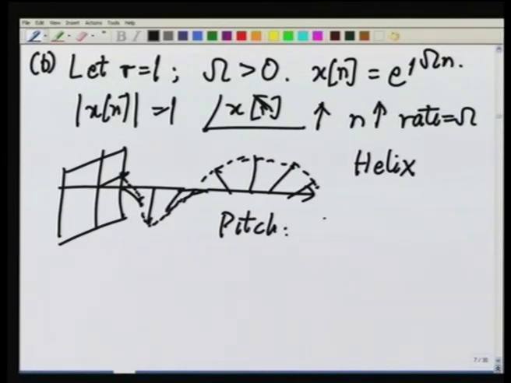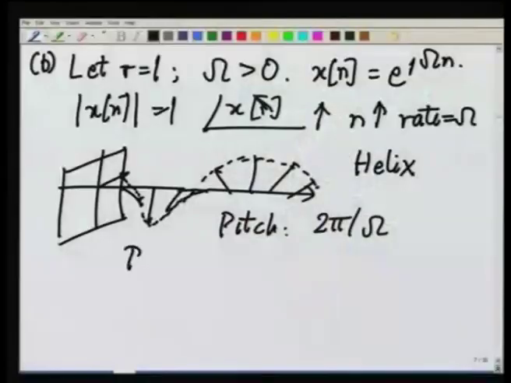The pitch is 2 pi by omega, and therefore, we see what is the required condition for the pitch or the period to be an integer.